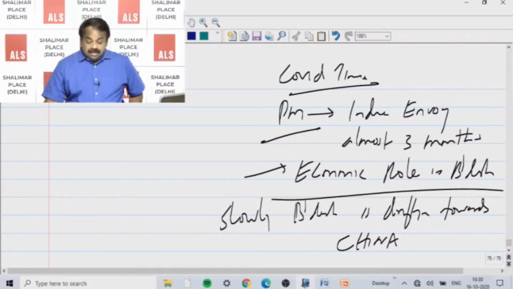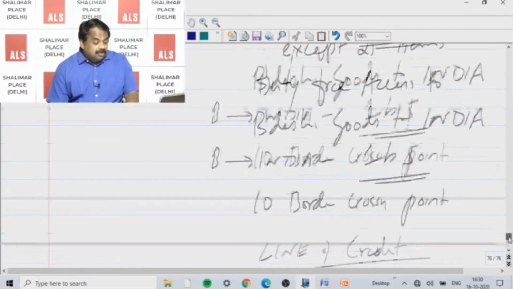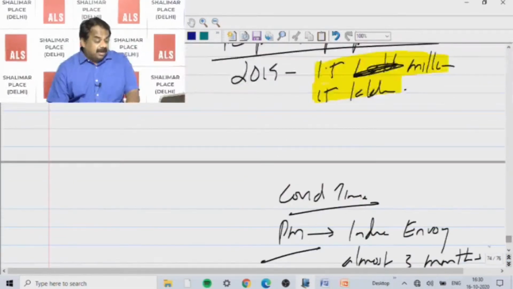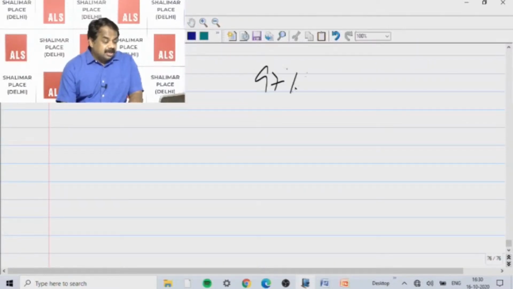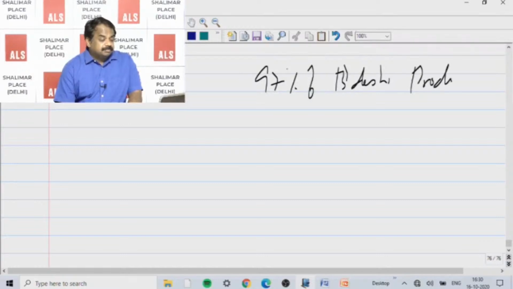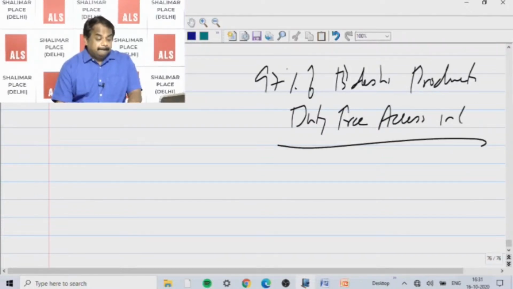And this year, China even offered duty-free access to 97% of Bangladeshi products in China.